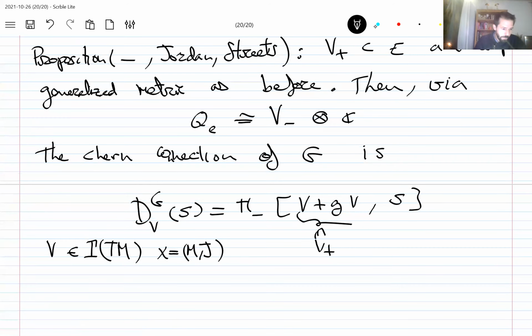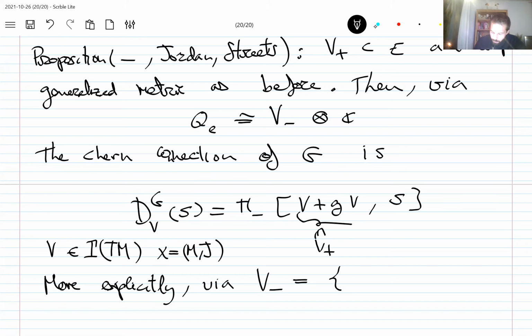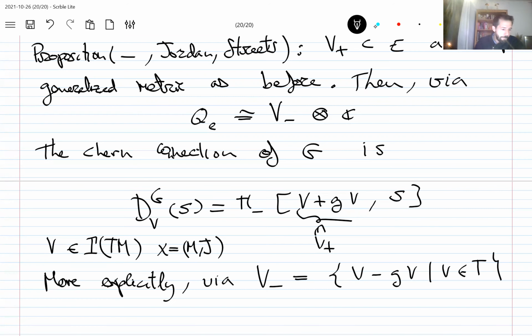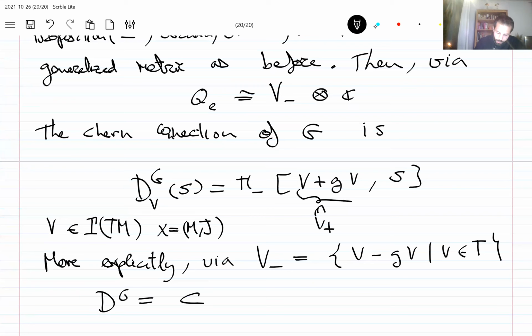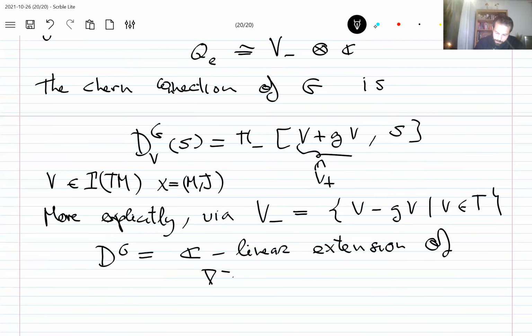This looks a bit abstract, so more explicitly, via the identification of B minus with tangent, we have that d^G equals the C-linear extension of nabla minus, which is the Levi-Civita connection minus a half of g^{-1}H, where H is minus d^c omega.